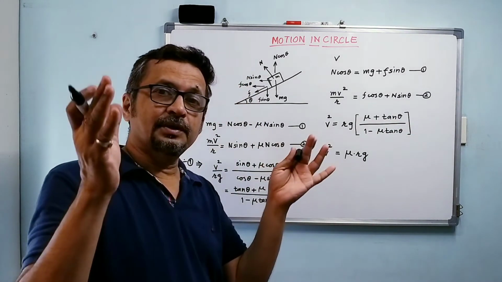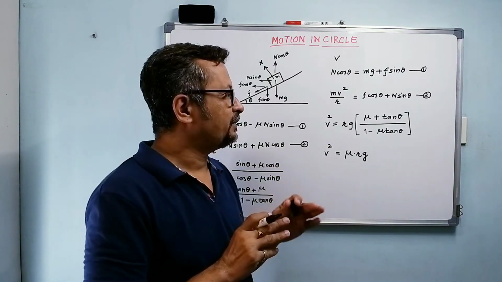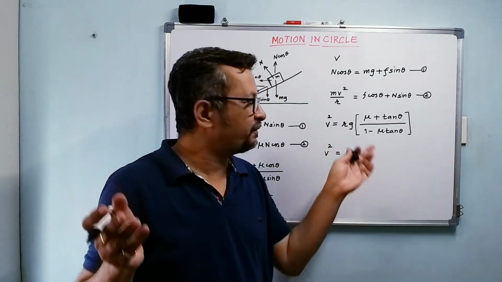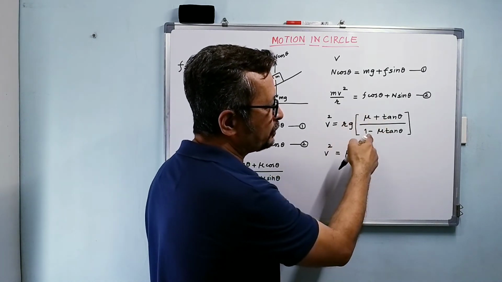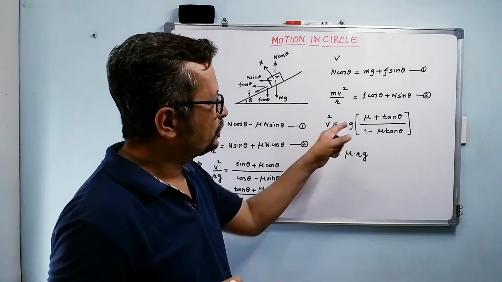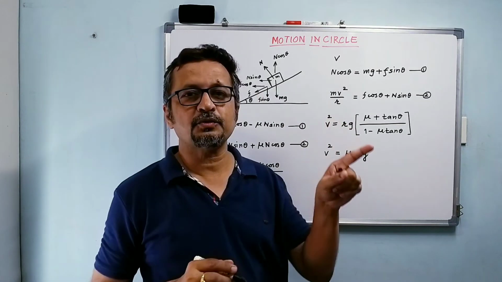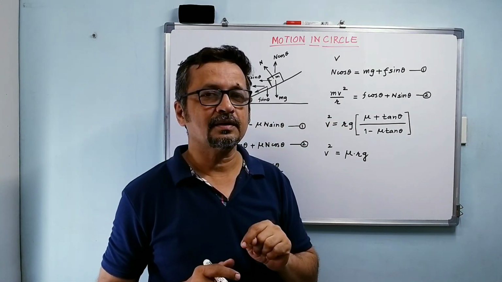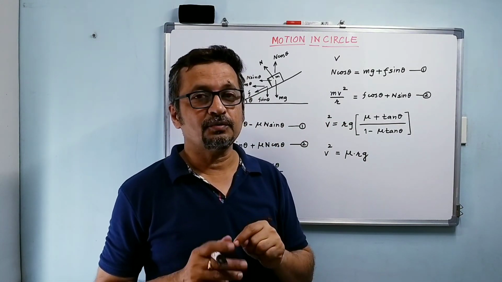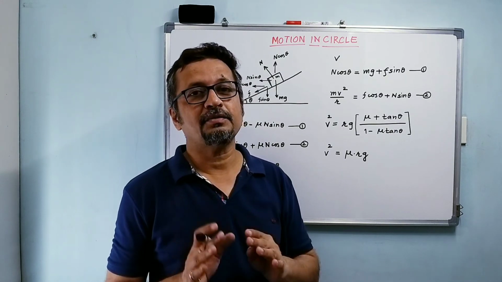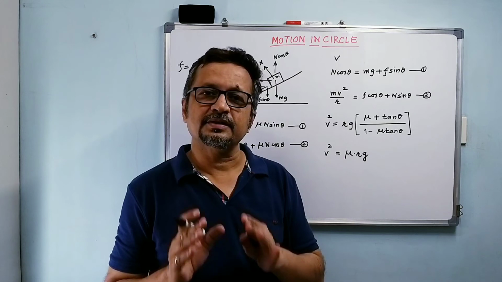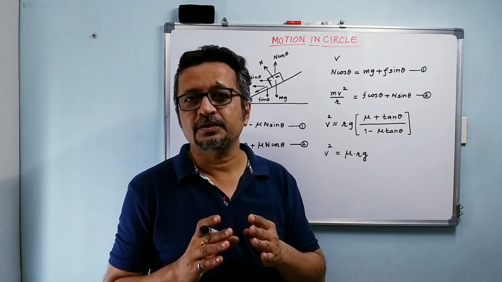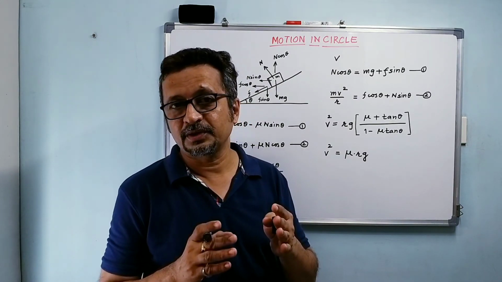So suppose for this banked road the coefficient of friction is 0, mu is equal to 0. Then this is 0 plus tan theta upon 1 minus 0, so v square is equal to rg into tan theta, correct? So when the road is banked, even when there is no friction, you will still have some safe velocity while taking a turn.